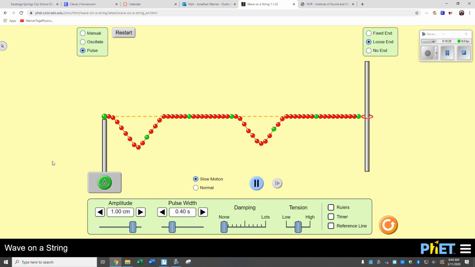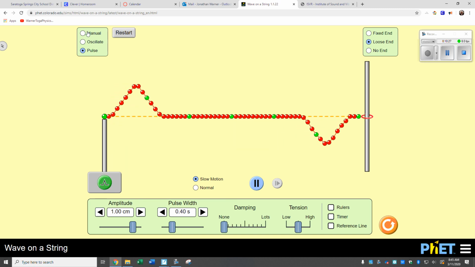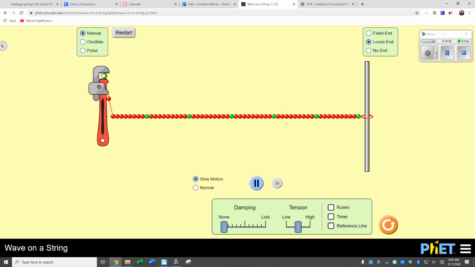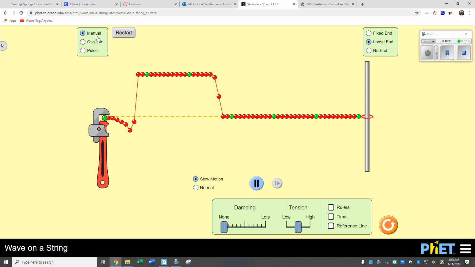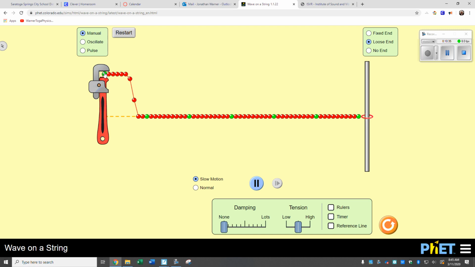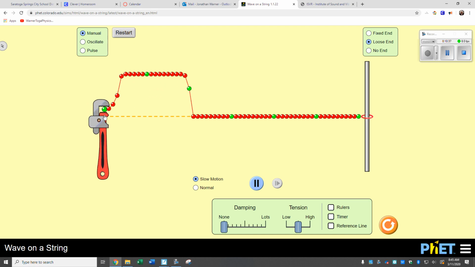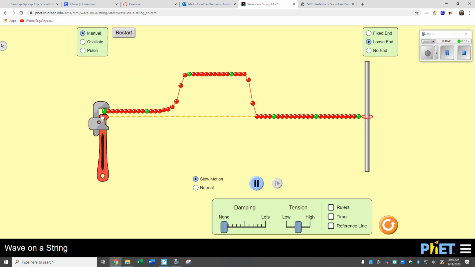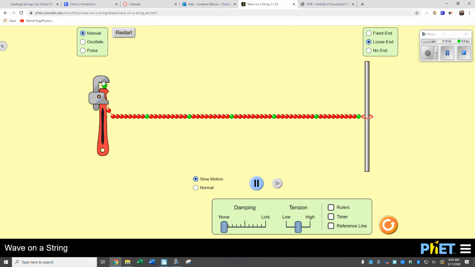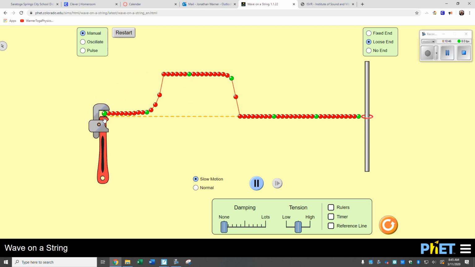But unless we do something like this, watch this, manual. I'm going to make a big old tabletop peak there, and then a big old, get down there, fine.